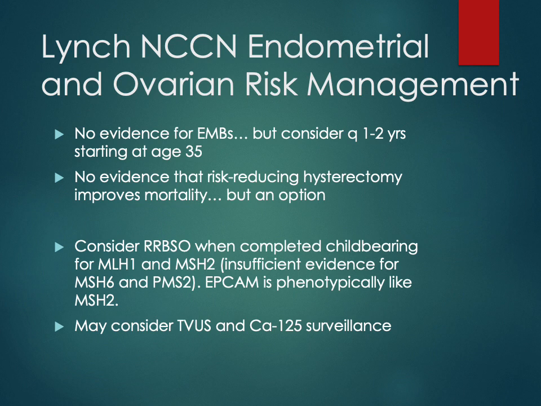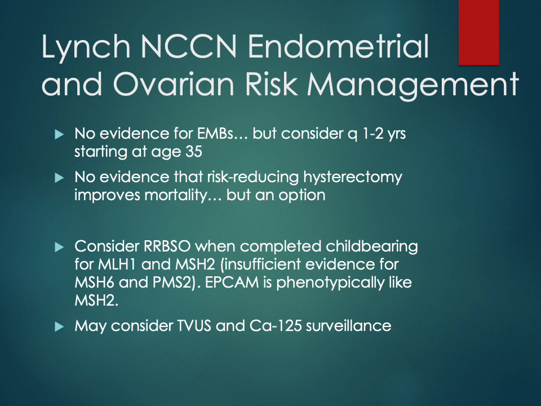So what do we do about risk management for endometrial and ovarian cancer with Lynch? There's not a lot of evidence here. There's no evidence for endometrial biopsies, but we consider doing those starting at age 35. And there's no evidence that risk-reducing hysterectomy improves the mortality, but it does decrease the risk of endometrial cancer, and so that is an option.